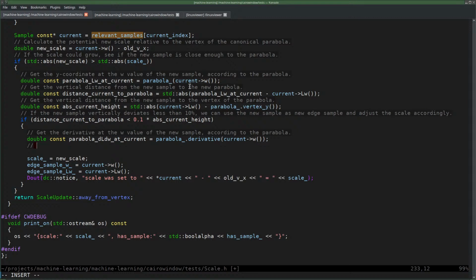We don't have a distance here. Difference.